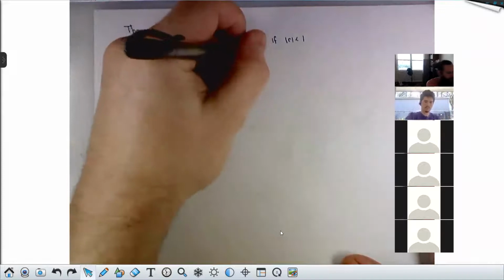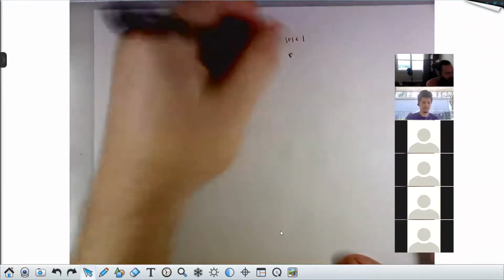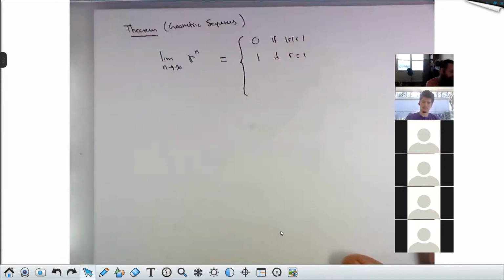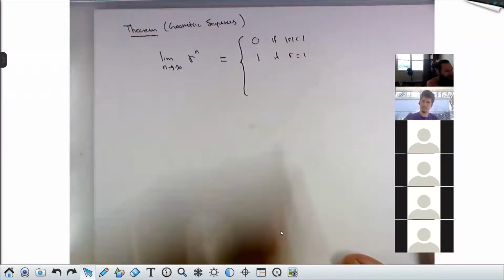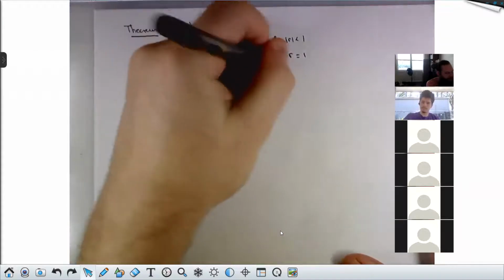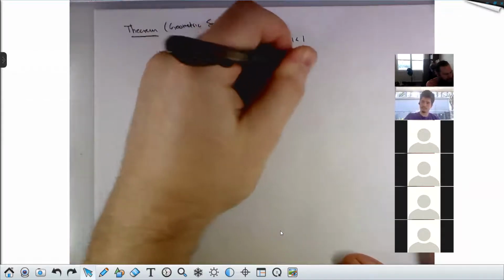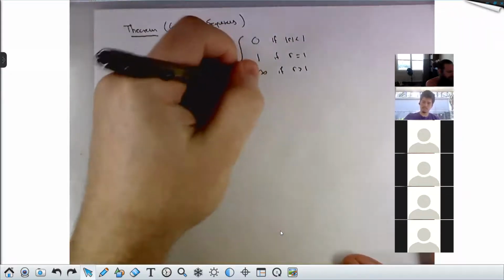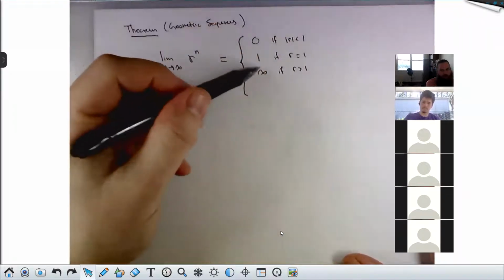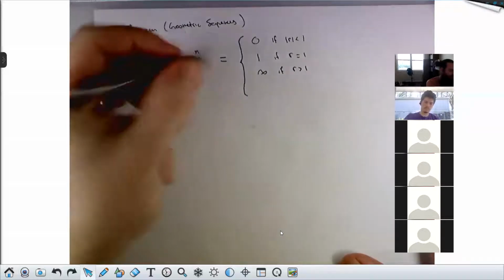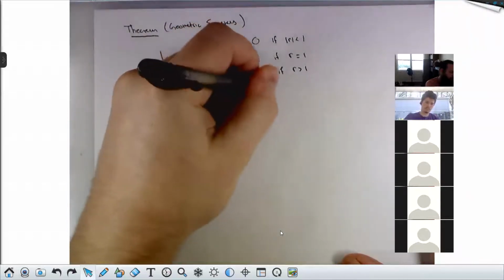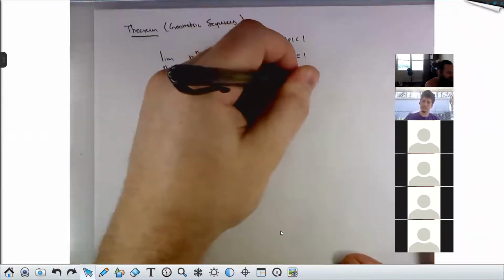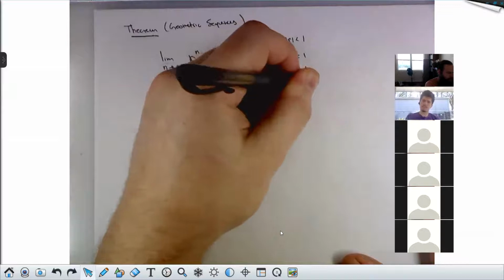It's equal to 1 if r is exactly 1. It's equal to plus infinity if r is strictly greater than 1. And your textbook, by the way, WebAssign, says plus infinity is the same as DNE. But it genuinely does not exist if r is strictly less than -1.